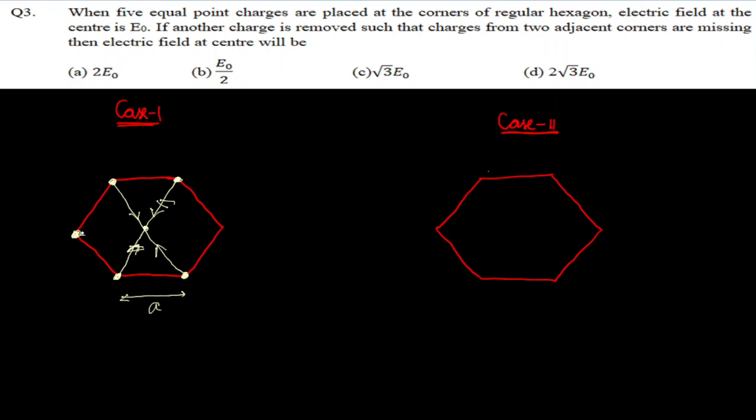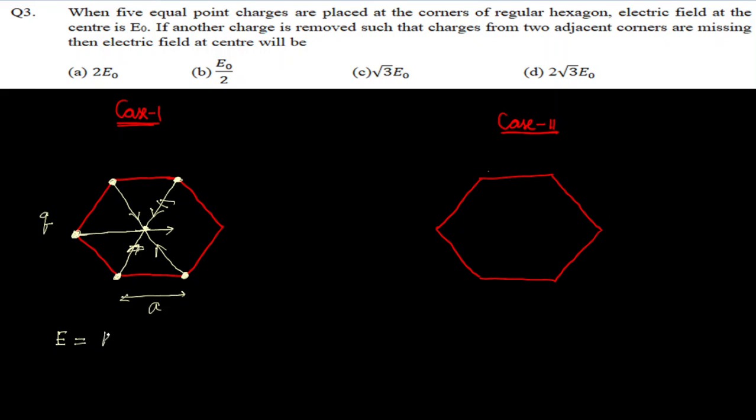So what will be that electric field at the center? This electric field will be along this direction, and since we have assumed the side of this regular hexagon to be A and the charge, let's say, Q, what will be the electric field at the center?